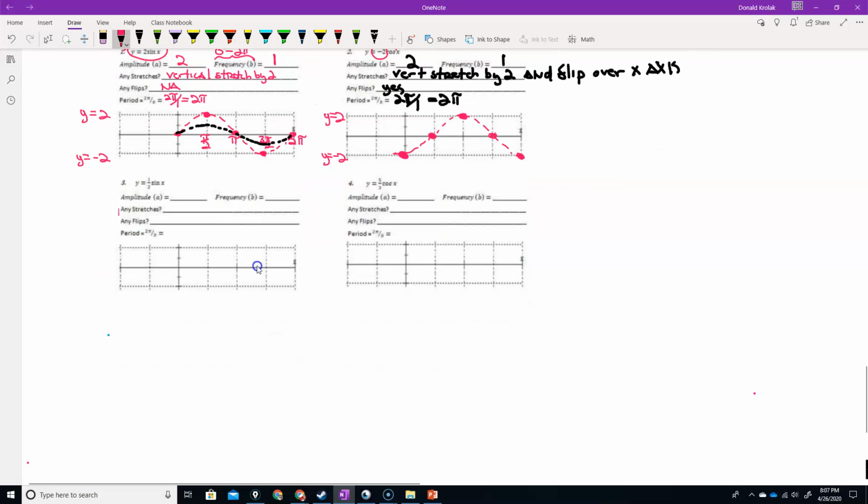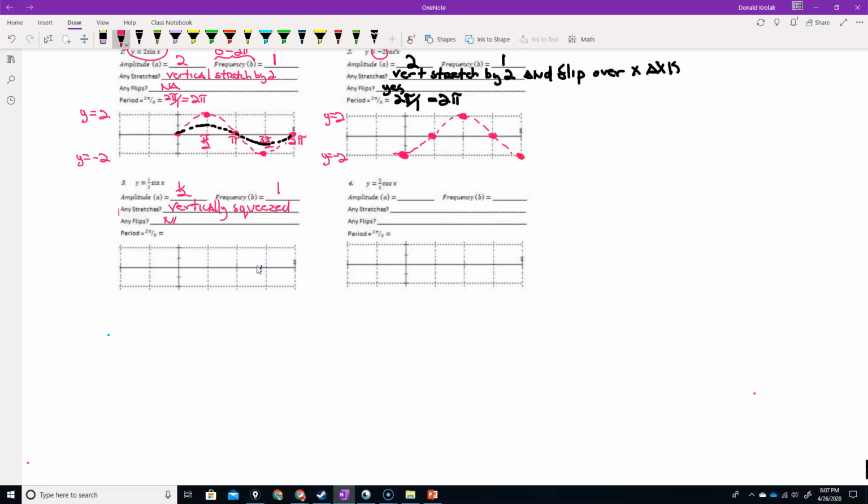All right. If we were graphing 1/2 sine, our amplitude is 1/2, frequency 1. Now it's not getting stretched vertically, it's getting vertically squeezed. It's getting squished down towards the x-axis.